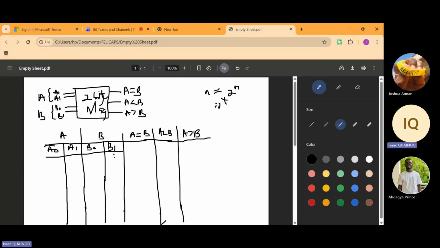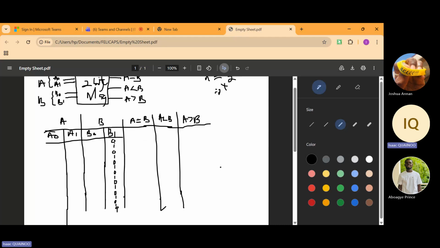So with 16 combinations, we have 0, 1, 0, 1, 0, 1. This is 8, right? So we have 0, 1, 0, 1, 0, 1, 0, and we end with 1.